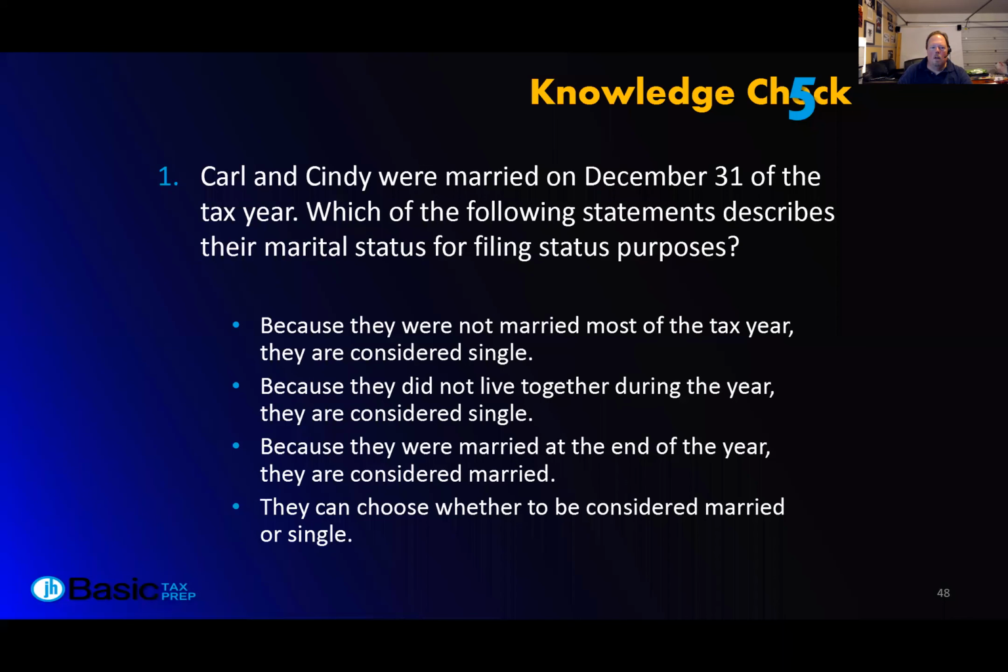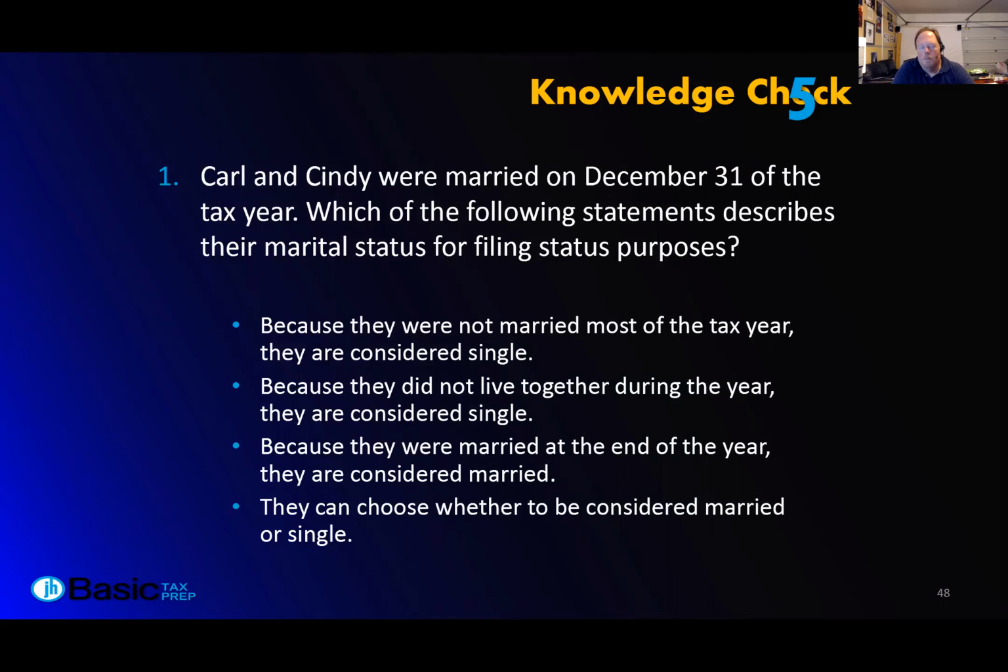All right. Run through a fast quiz here, guys. Carl and Cindy were married on December 31st of the tax year. Which of the following statements describes their marital status for filing purposes? Because they were not married for most of the tax year, they are considered single. Think that one's true? I don't think so. Because they did not live together during the year, they are considered single.